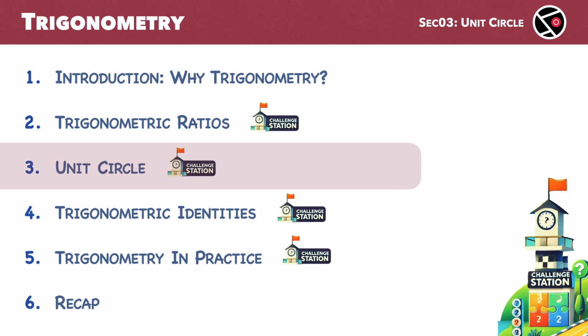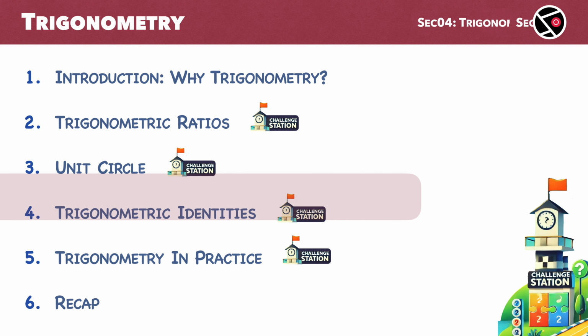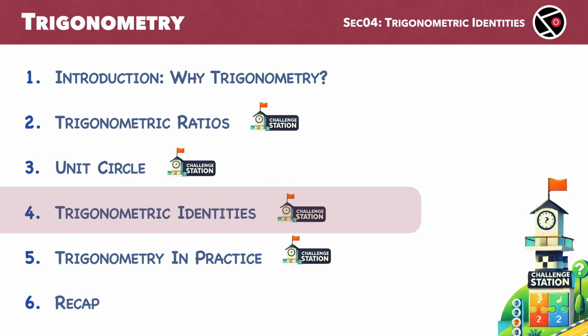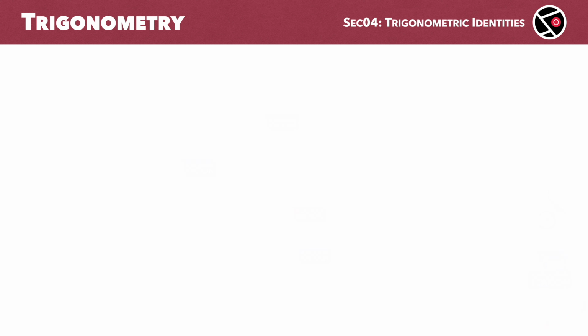Welcome back. Let's move on to the next section. Trigonometric identities. We'll begin with a quick recap of the identities we already know. Here we go. Sine of minus theta equals minus sine theta. Cos of minus theta equals cos theta.